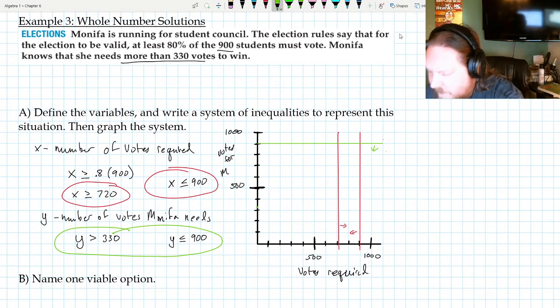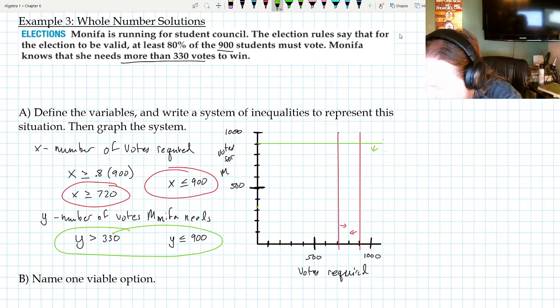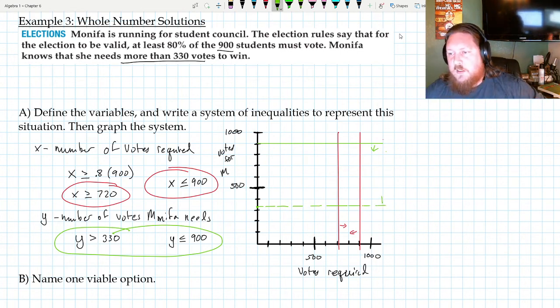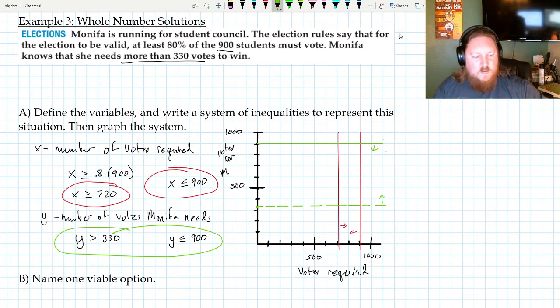I draw myself a horizontal line there. Now this line is going to be a dashed line. And she needs to have more than 330 votes.